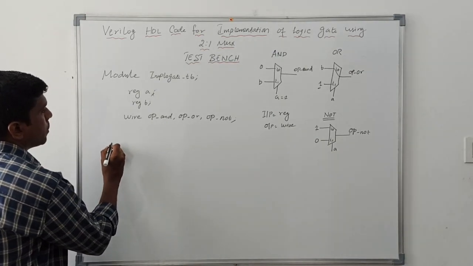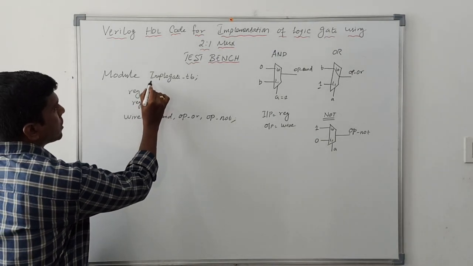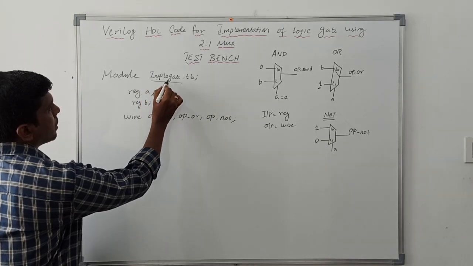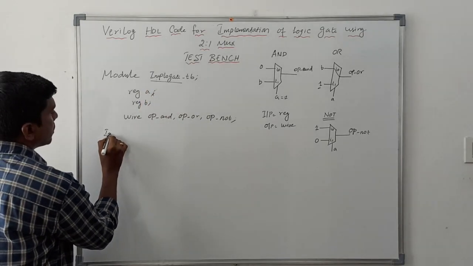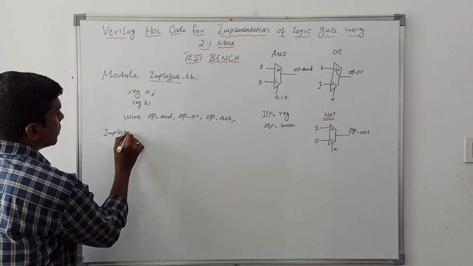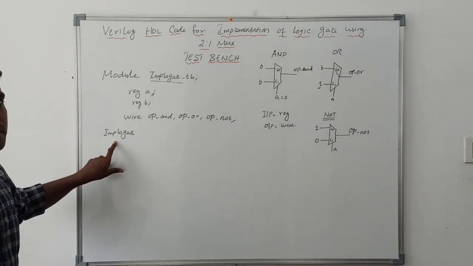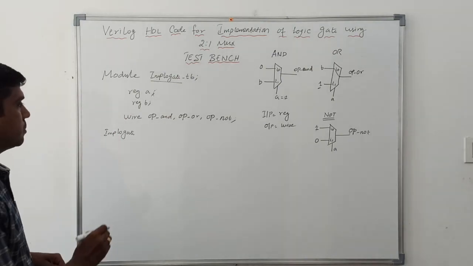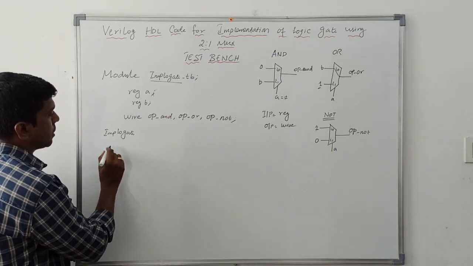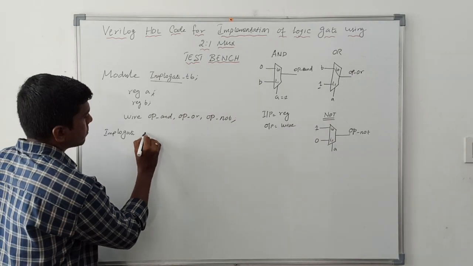Then you write the module name. The Verilog HDL module name is IMP-LO gate. While writing the Verilog HDL code, this name is given as the module name, so that name is reflected here.